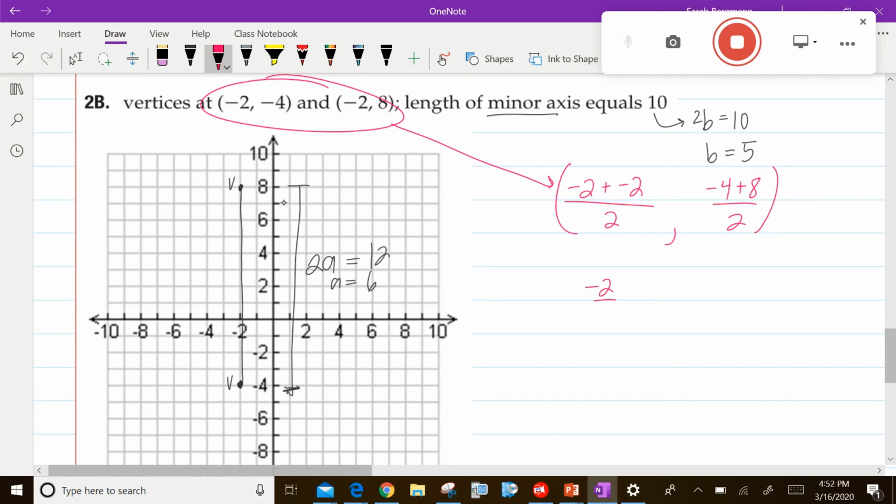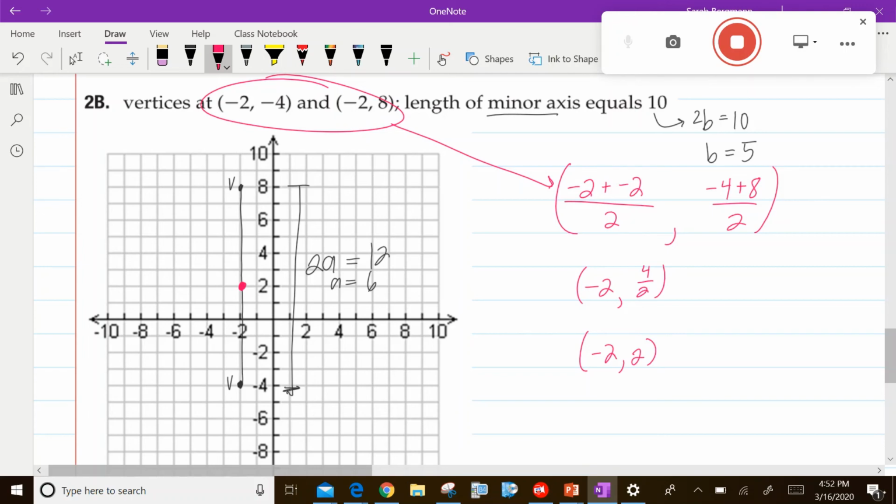So I get -2, comma, -4 plus 8, that's going to be 4 over 2. So my center point is at (-2, 2). I would plot it on the graph just to make sure that it looks nice and in the middle.